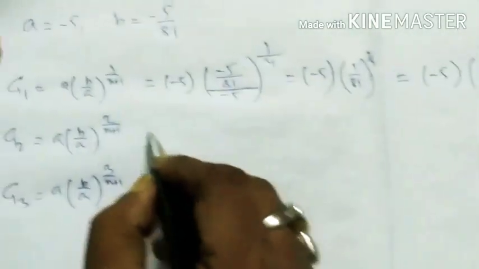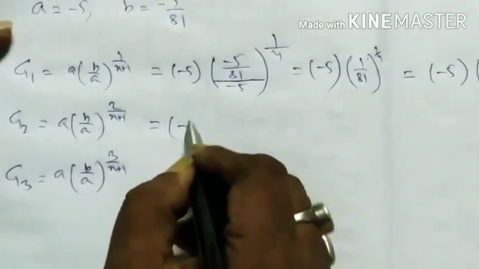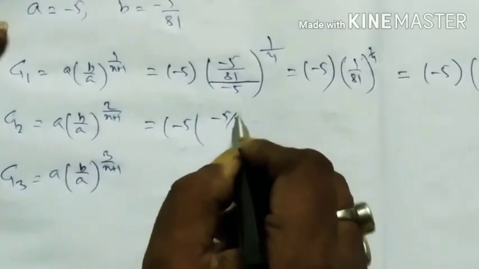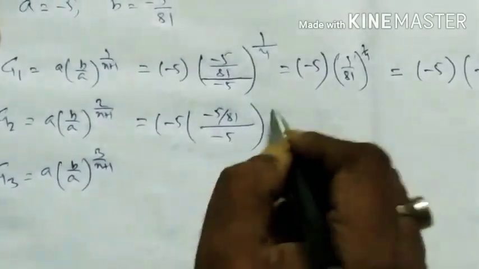Similarly, your second will be again minus 5 times minus 5 by 81 by minus 5, to the power of 2 by 4.